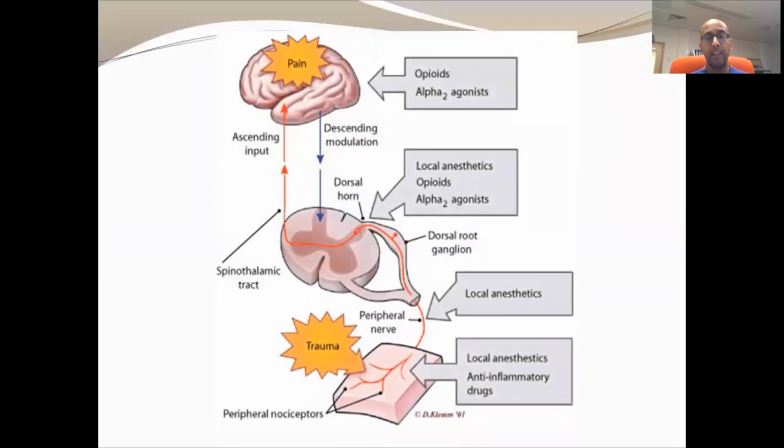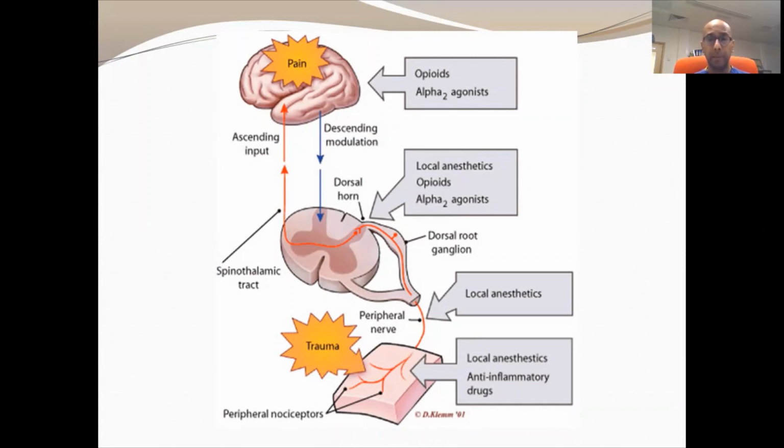So we can see here another simplified diagram of the transduction, transmission, modulation, and perception of pain. And one can see that there are various different targets, both peripherally, at a spinal level, and also at a brain level.